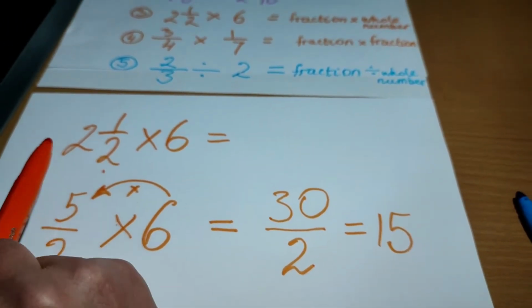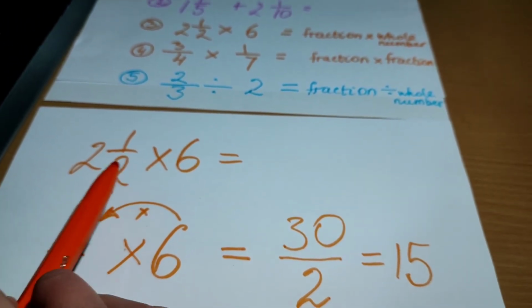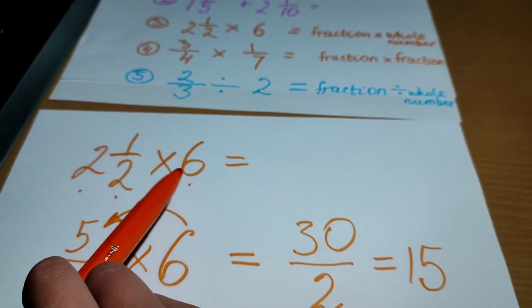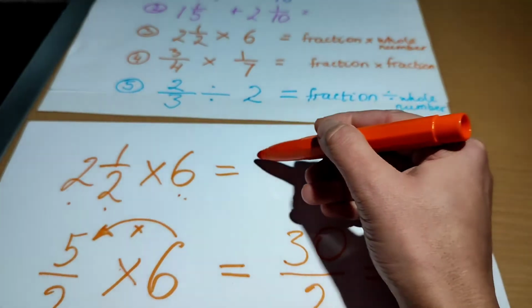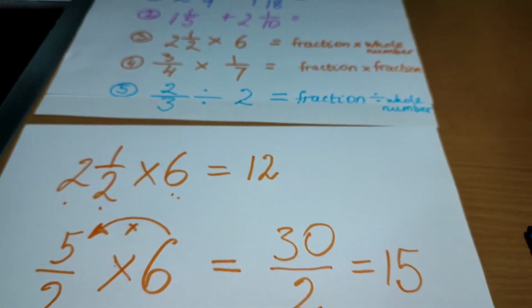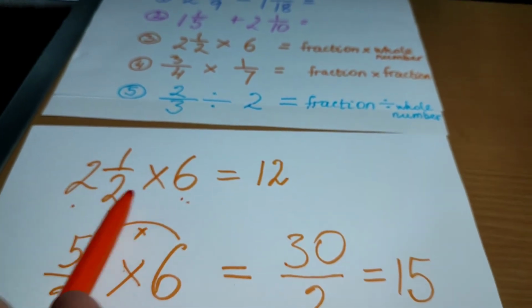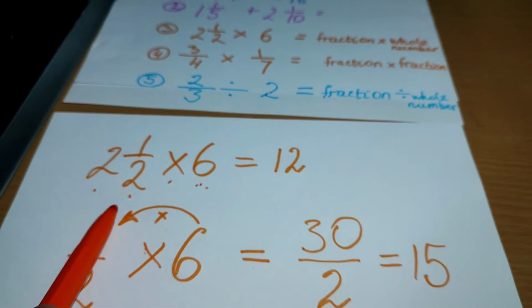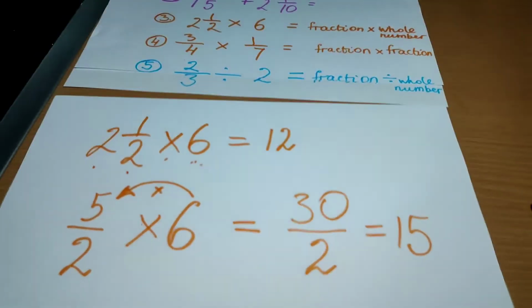What you could have done also, you could have just multiplied 6 by 2. What's 6 times 2? 6 times 2 is 12. And then what is half of 6? This sometimes means 'of' as well. So what's half of 6? Half of 6 is 3.